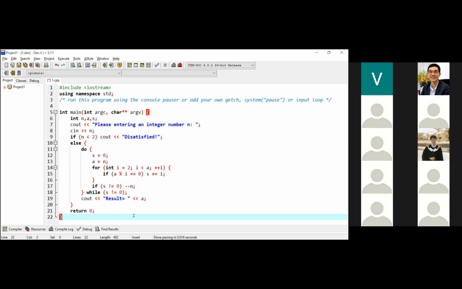Tick the yes if it's correct and tick the no if it's not correct. Okay. So Vẫn and Bảo also mentioned why you are dissatisfied when n is less than 2.